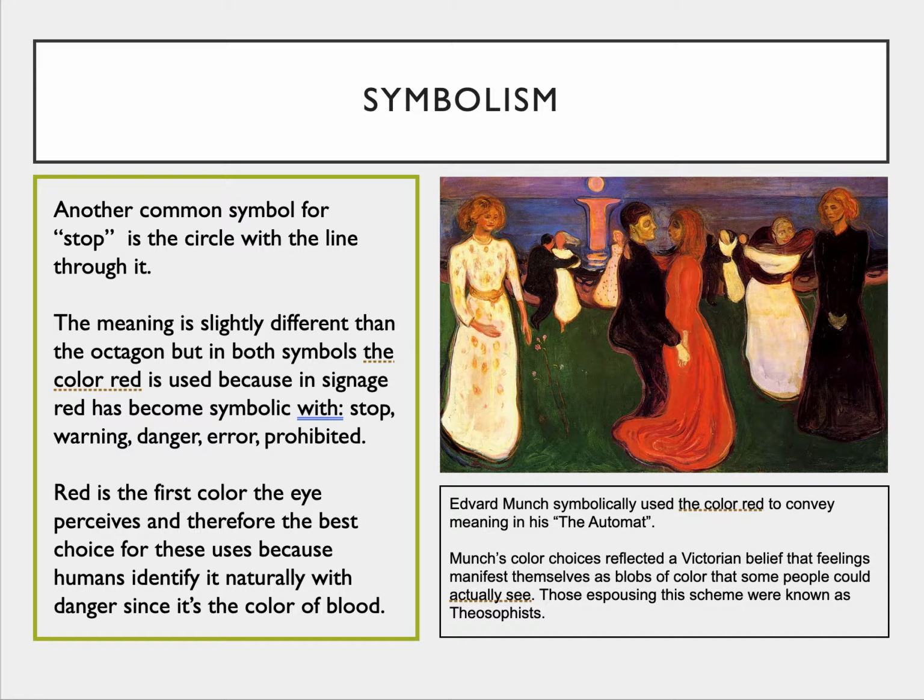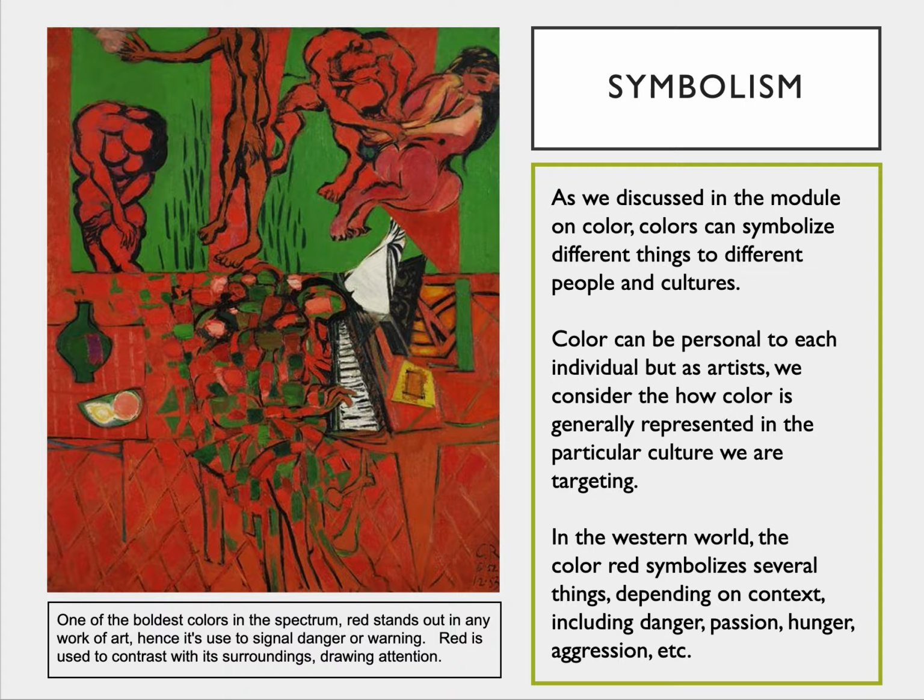Sometimes the color blue represents water. When we talked about that module, we talked about how colors can represent other things. That's symbolism. And color can be personal to each person, which sometimes makes it harder.